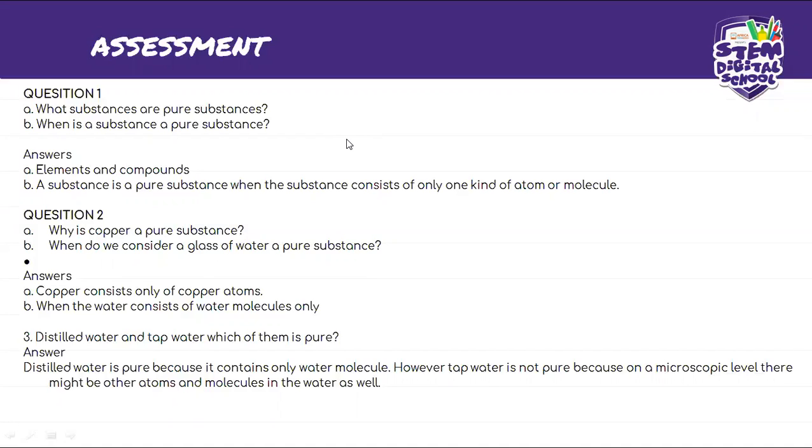Give one difference, only one difference, between a pure substance and a compound.